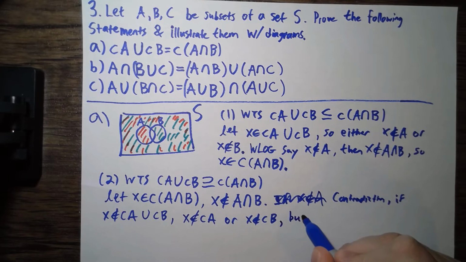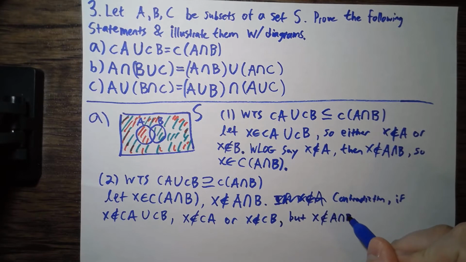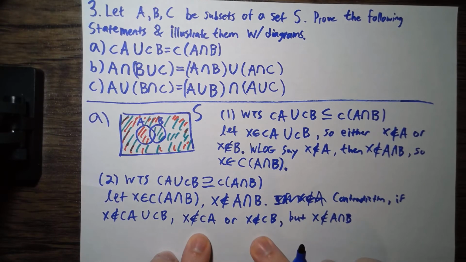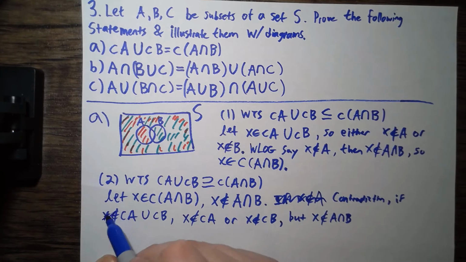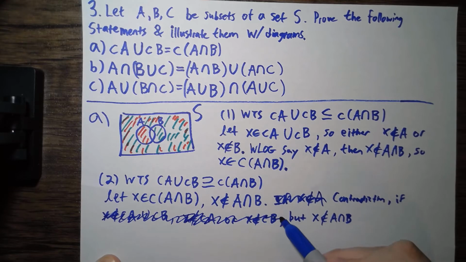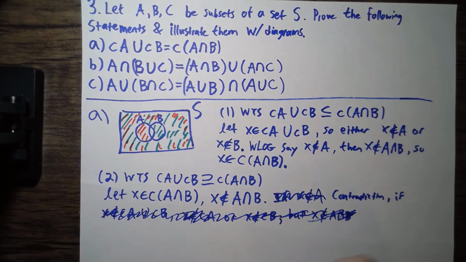So if we're going by contradiction, if x is not in the union of the complements, then it's not in the complement of A, or it's not in the complement of B. And the contradiction shouldn't be that, so I have the right thing written down. Sorry about that.